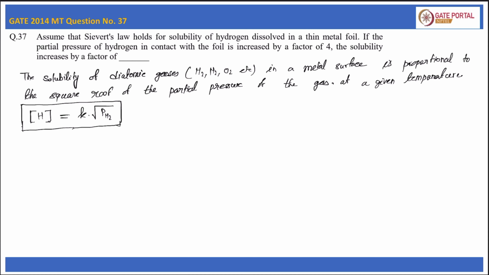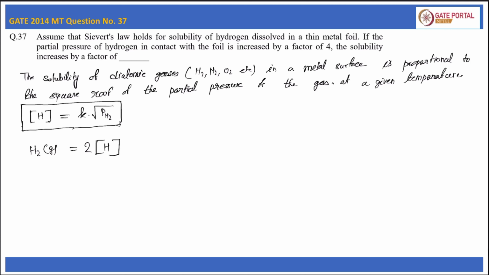So how are we getting this equation? Let's say molecular hydrogen in gaseous form is dissolving in the metal surface as atomic hydrogen, so 2 moles of atomic hydrogen.